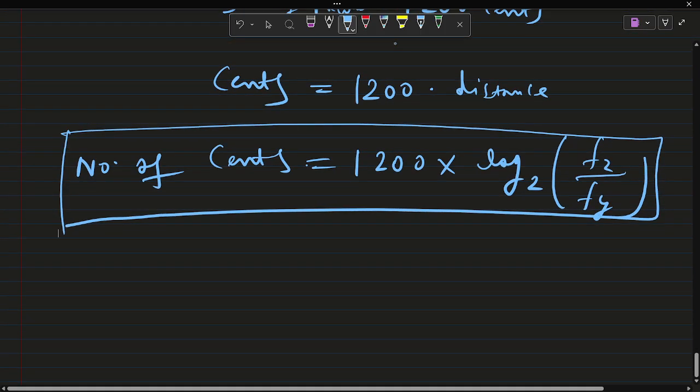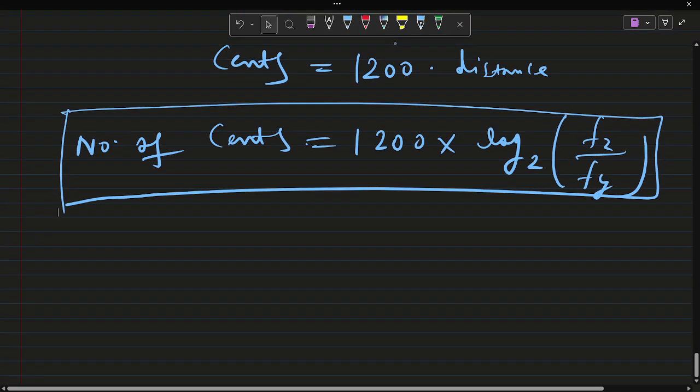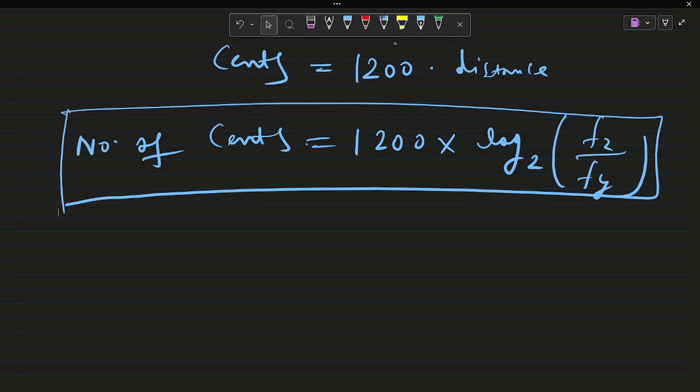Okay, take an example of two frequencies, like your fy is given as 200 hertz and your fz is given as 210 hertz.